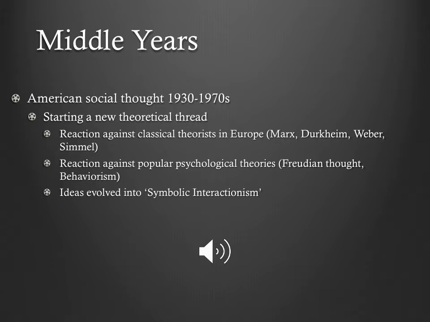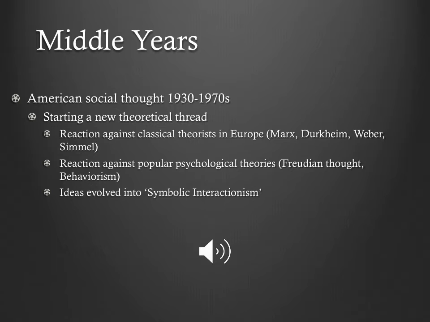And when we're getting to the American social thought during these years, we're looking at how the Americans are starting a new theoretical thread. So rather than continuing the ideas of the classical theorists, they are reacting against the classical theorists.